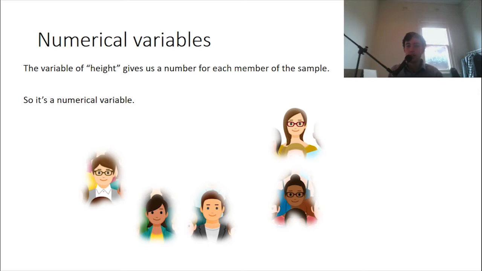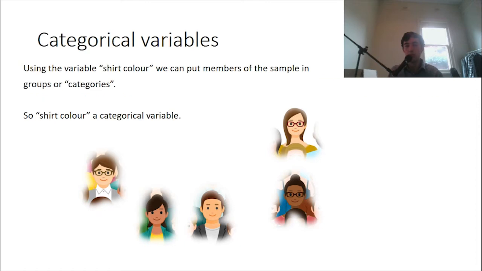Okay, so there's two main types of variables. So one of them is numerical. So that's if the information is in numbers, you're probably looking at a numerical variable. So height, for example, that variable gives us a number for each member of the sample. So it's a numerical variable. If we use the variable to put people in categories or groups, then it's called a categorical variable.